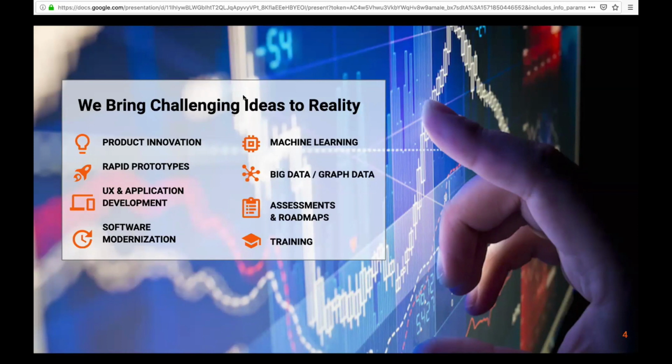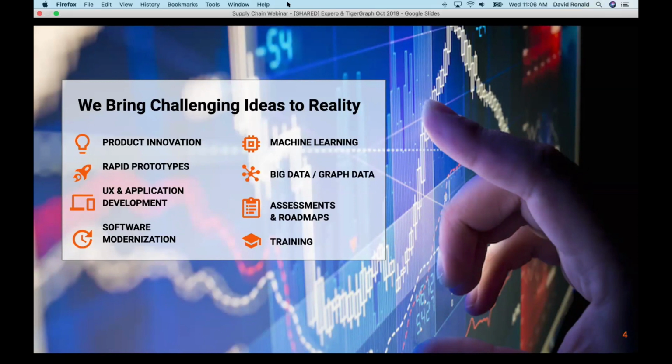Just a super high level on Expero. We were founded in 2001, and we build software and tools for expert users in general. That covers a large space and a variety of customers, but we're about 50-50 split between very technical front-end and back-end developers, and user experience designers.